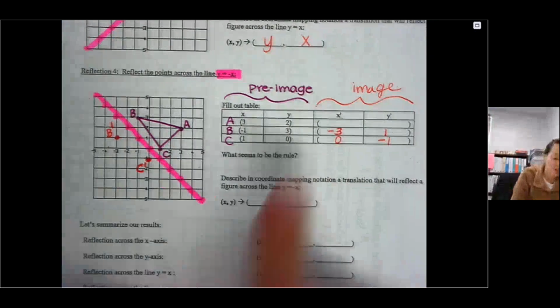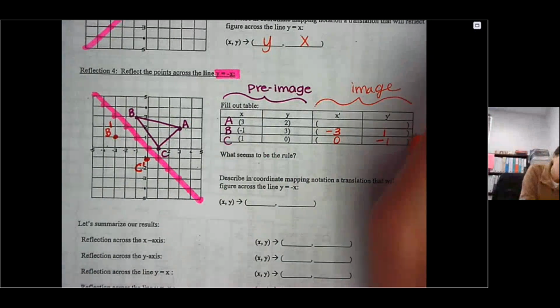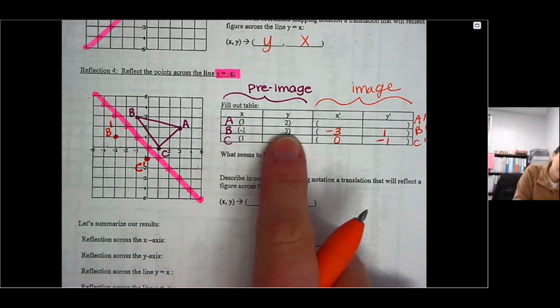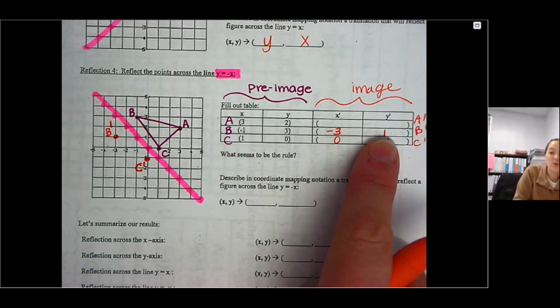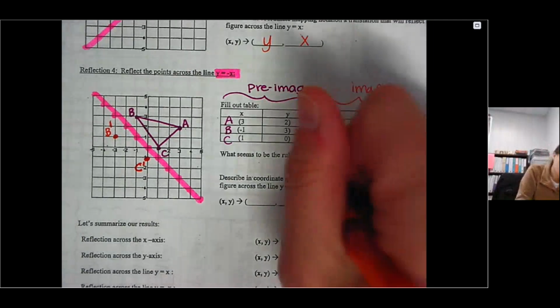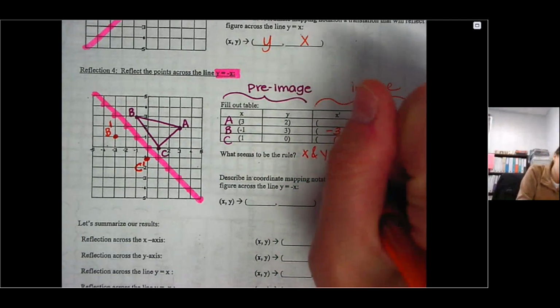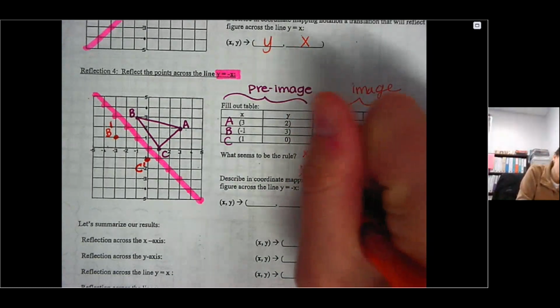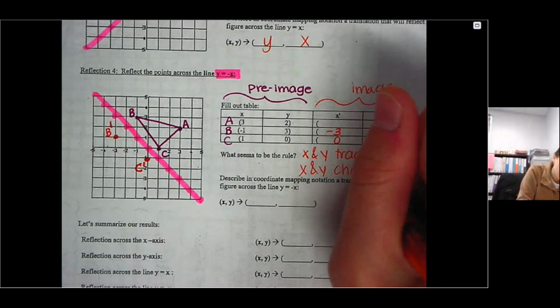So if I look from my pre-image to my image, B to B prime, what I'm seeing is I went from -1, 3 to -3, 1. So not only are they trading places, they are also changing signs. They're doing both, trading places and switching signs. So our rule is that x and y trade places and x and y change signs.